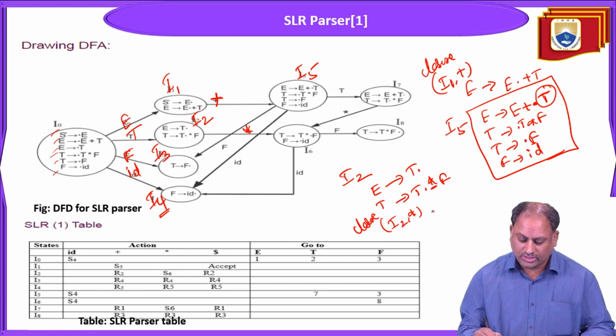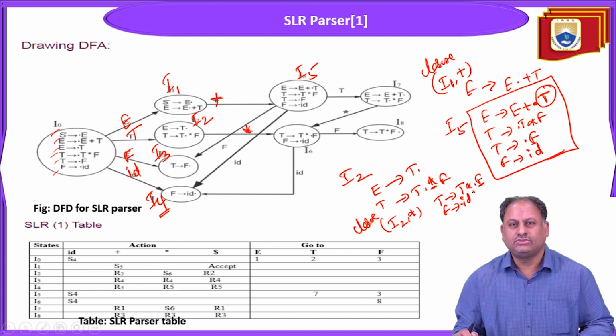What we are going to get is a new state with new rules, that is T derives T star dot F, where the dot is moved one more symbol ahead. Now what are the rules which are required for F? That is also to be included. So F derives dot ID.